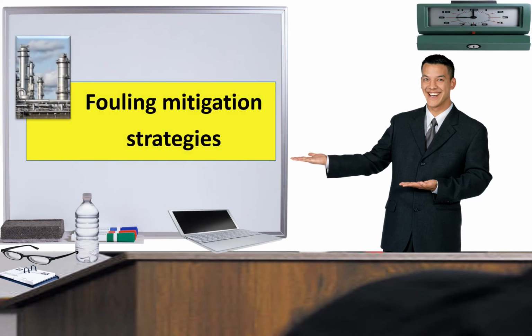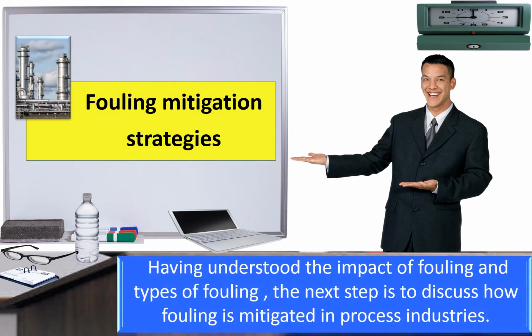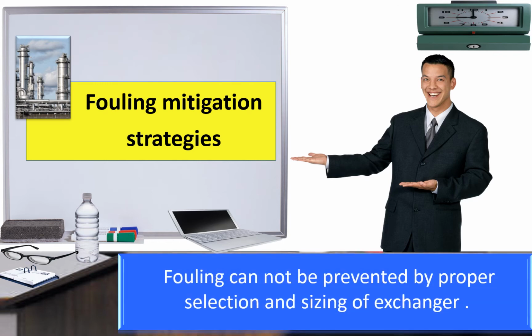Fouling mitigation. Having understood the impact of fouling and types of fouling, the next step is to discuss how fouling is mitigated in process industries. Fouling cannot be prevented by proper selection and sizing of heat exchangers alone.